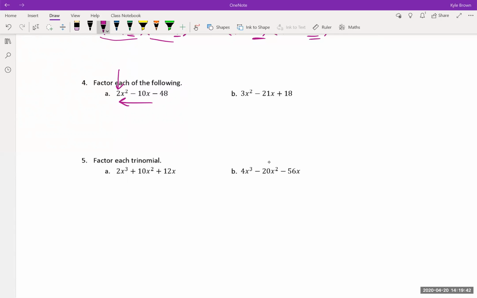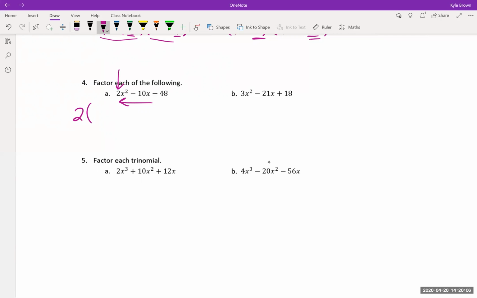Okay, so let's look at it. We've got 2, 10, and 48. So 2 goes into all of those things, right? And that's it. Then write what we have left.